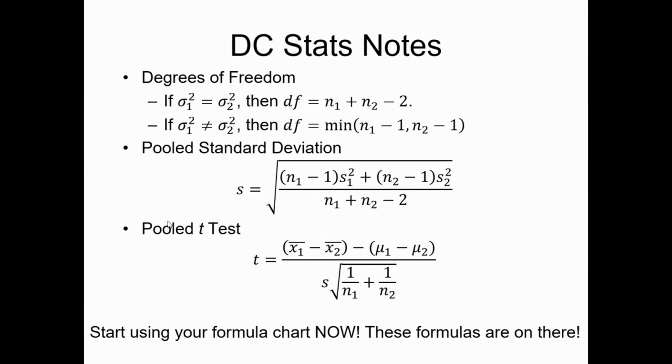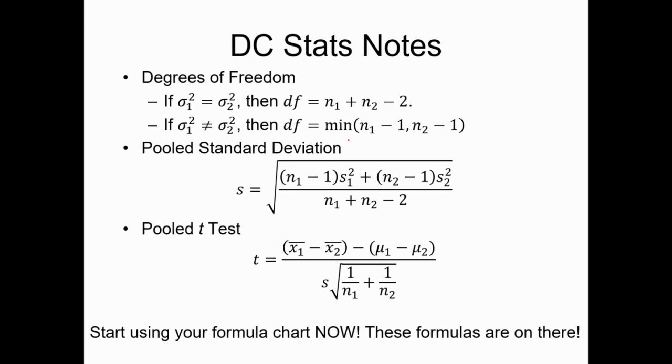Okay, so these next formulas are more for dual credit, not AP. So on the blank area on page 9, you may want to write these down. Either that or have your formula chart out and make note of where they are. So for degrees of freedom, if they're equal, like we talked about, your degrees of freedom would be N1 plus N2 minus 2.